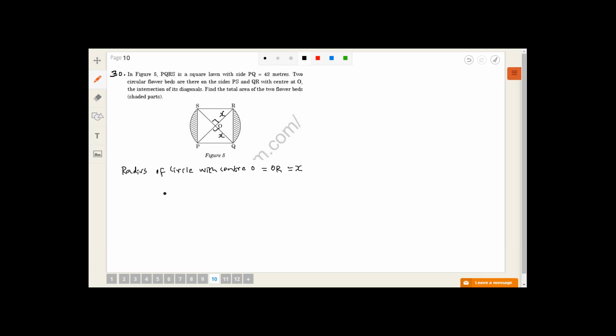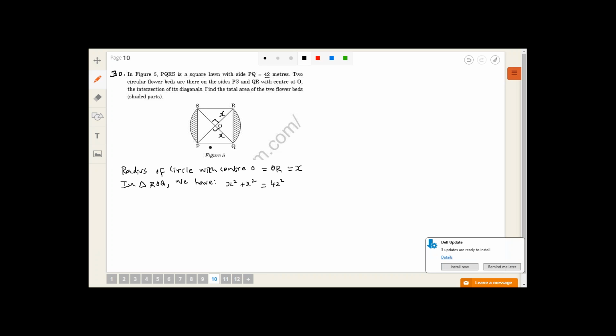We need to find the value of RQ. So in the triangle ROQ, we have x square plus x square is equal to 42 square. RQ is nothing but the side of the square, which is given as 42.